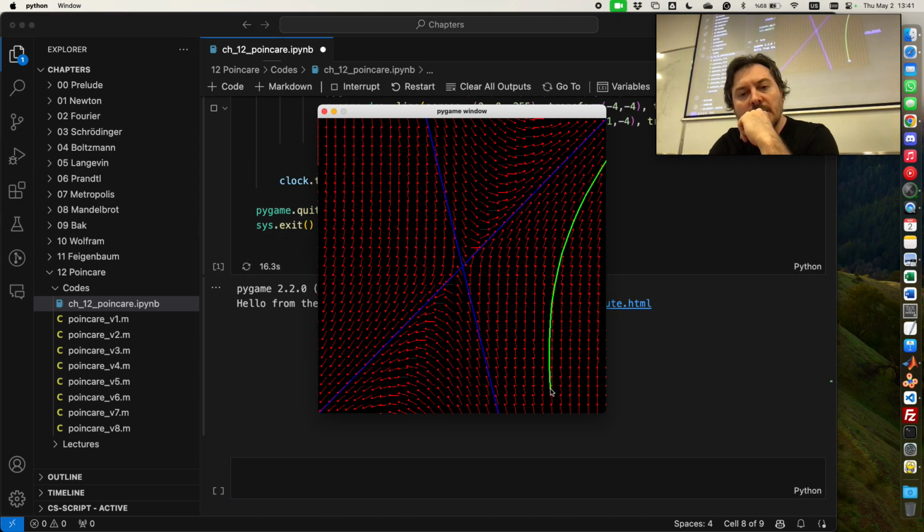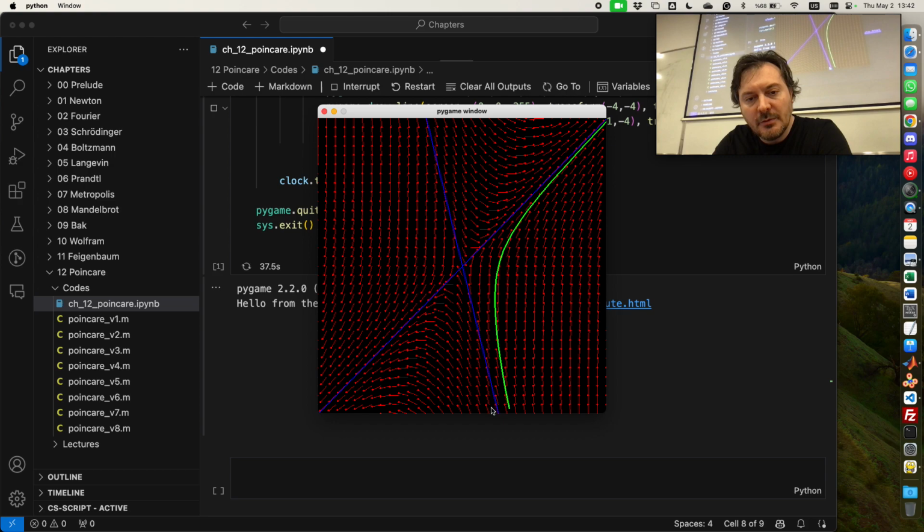Yes. So, you see, this is the (1, 1) direction. This is the (1, -4) direction. Okay? And these red things are basically arrows. It tells you which way the system wants to go in every point. So you can see that if I start from here, I want to go there. If I start from here, I want to go there.